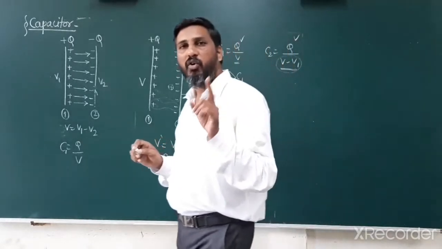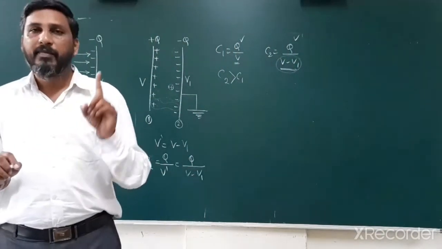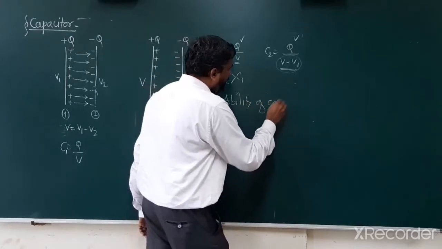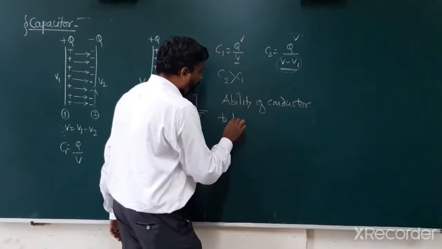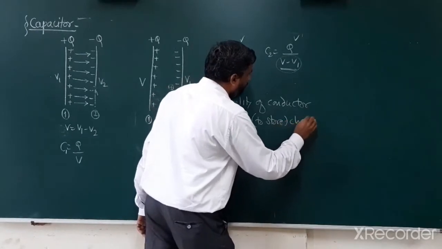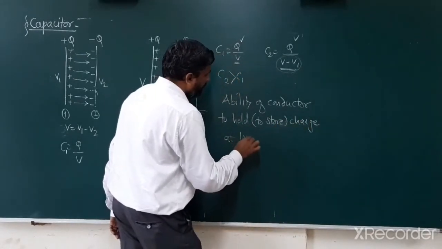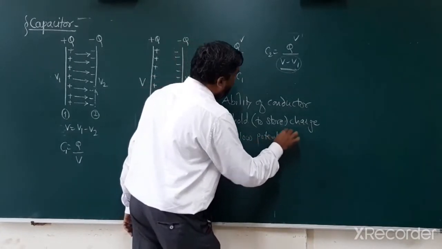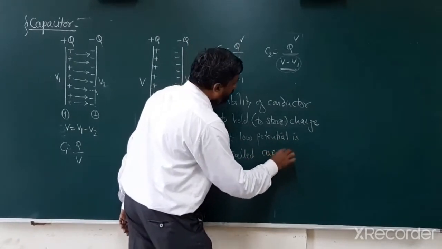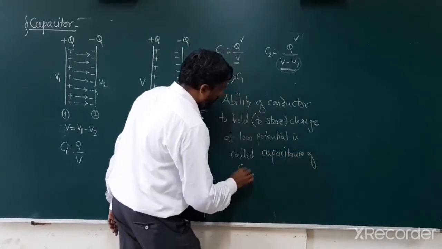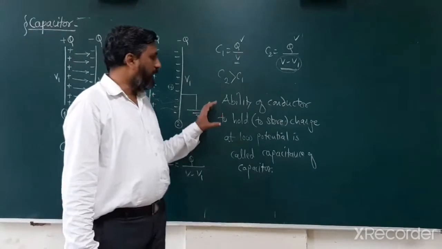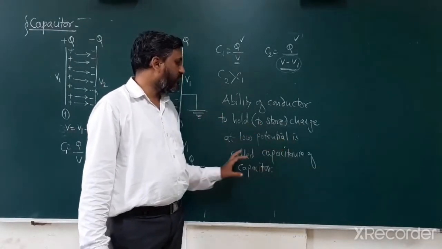Therefore, the definition of capacitance is like this, everyone write down this: ability of conductor to hold or to store charge at low potential is called capacitance of capacitor.